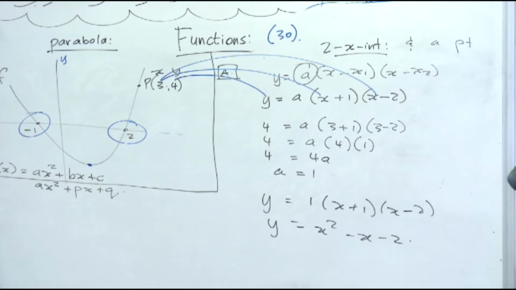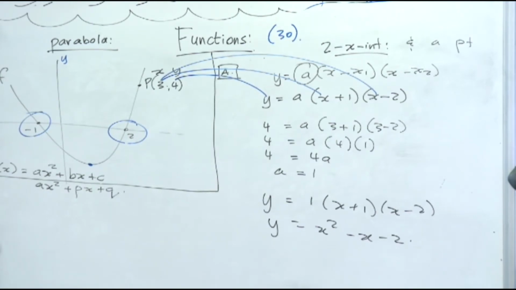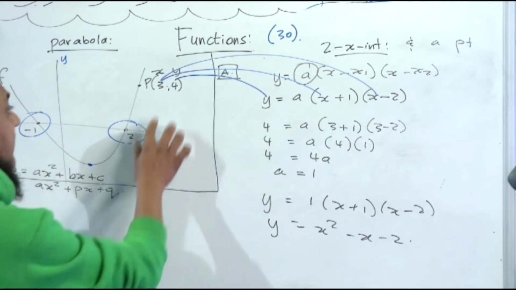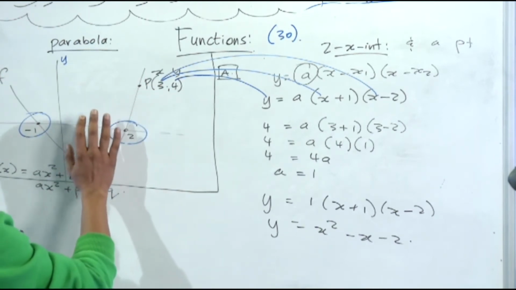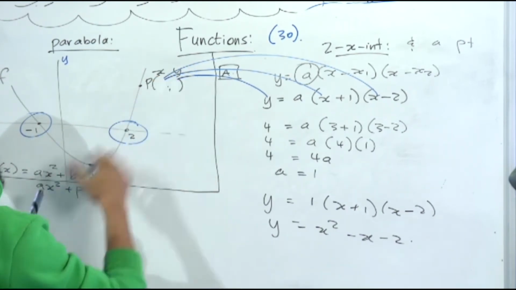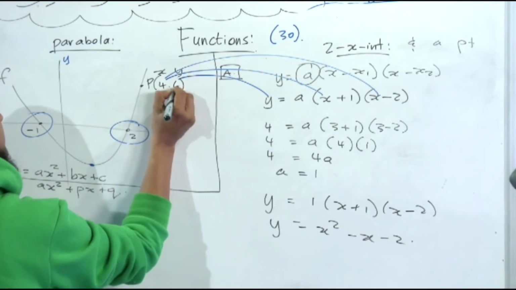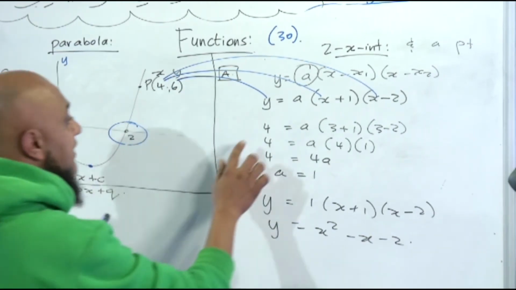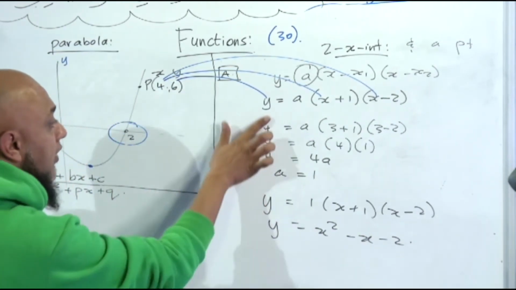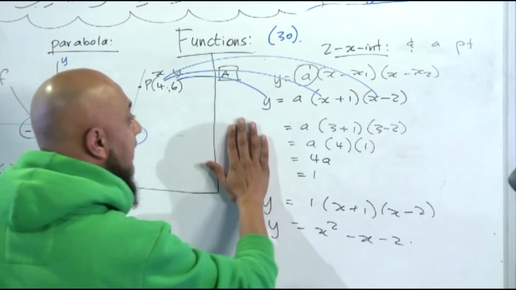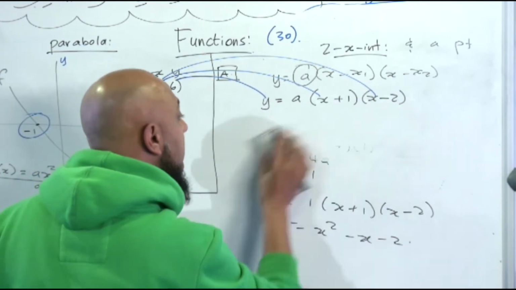If that value changed, let's show you a situation in which that value changes. So let's change this value. Let's make that 4 and 6. In fact, let's redo it from here.